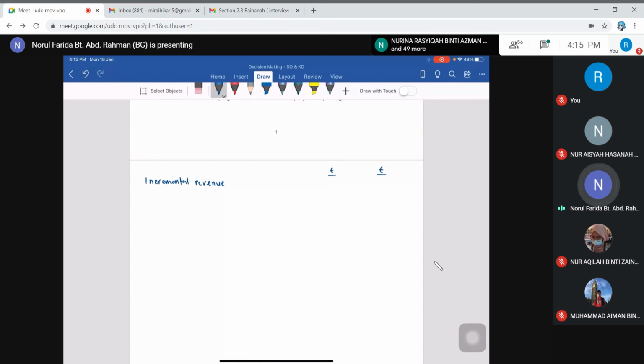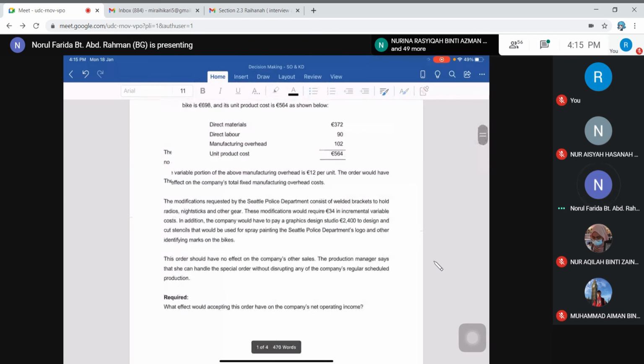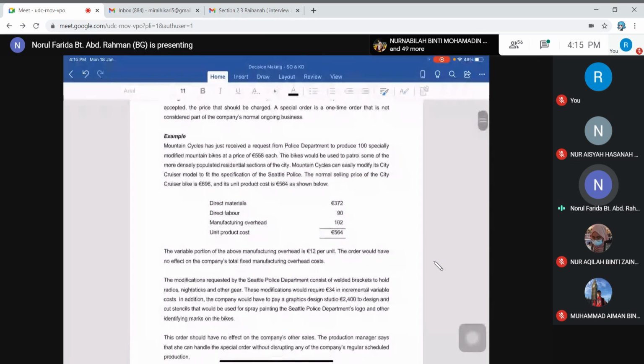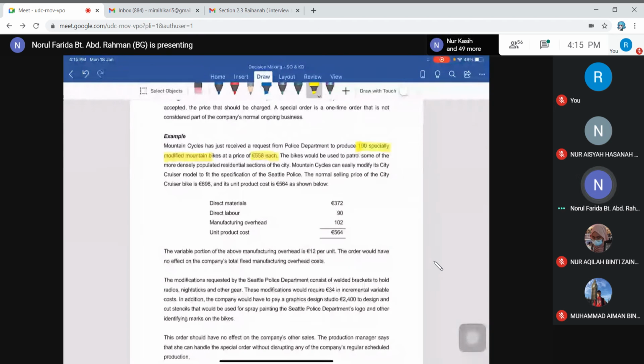So that customer wants to order a special production of 100 specially fortified motorbikes. So 100 units, the price the customer is willing to pay is 558.